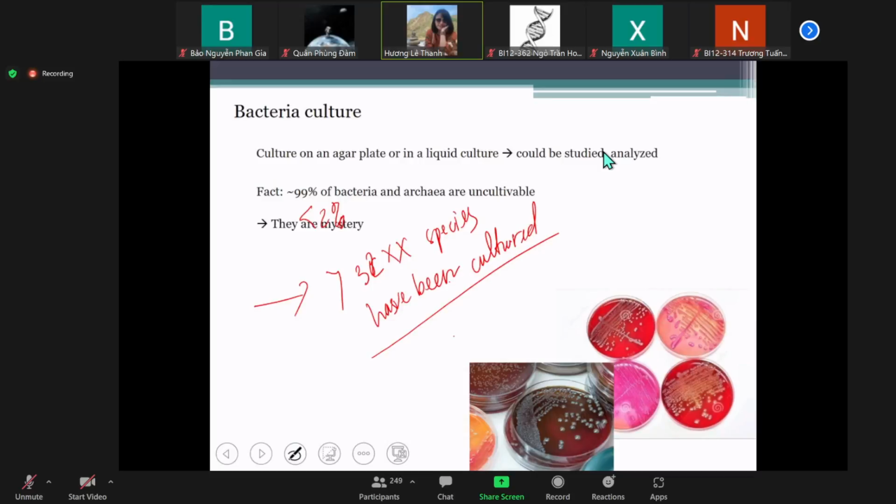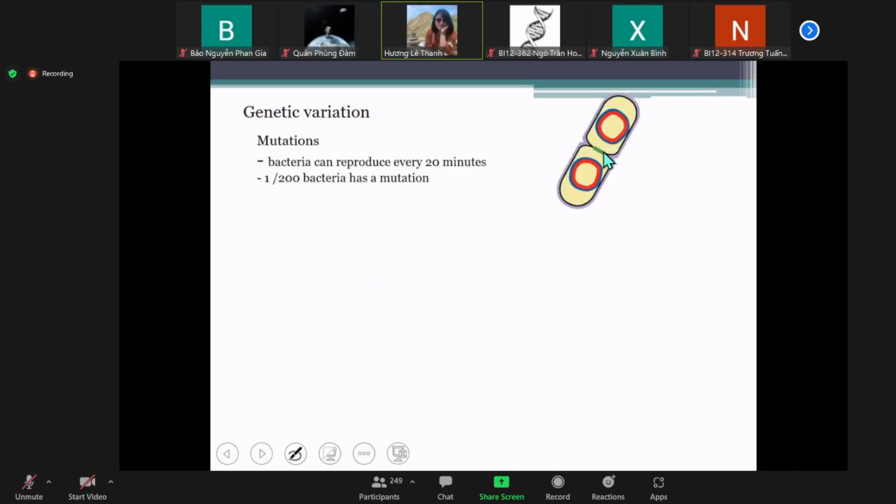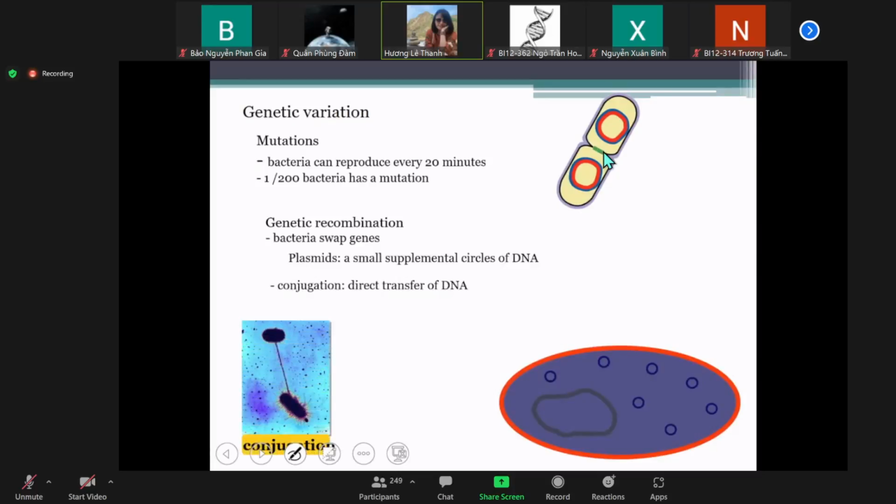For the other bacteria, we don't know, so they are still uncultivable. For the genetic variation that I told you before, they reproduce every 20 minutes, and 1 in 200 bacteria has mutations. So just remember this information, okay.